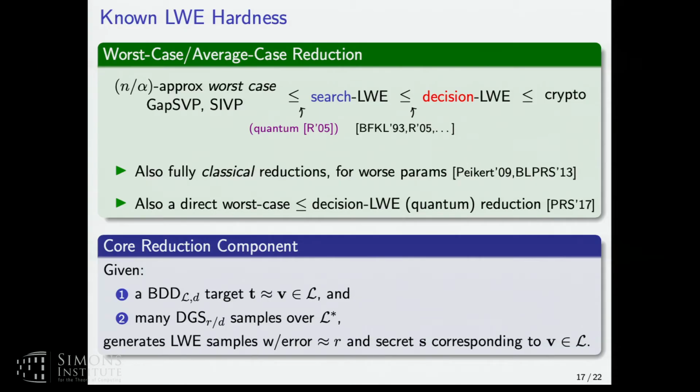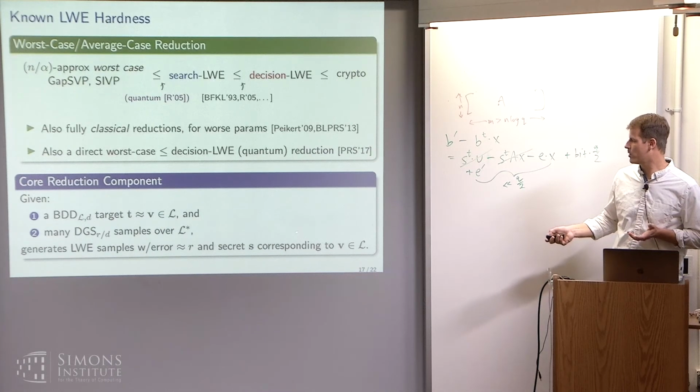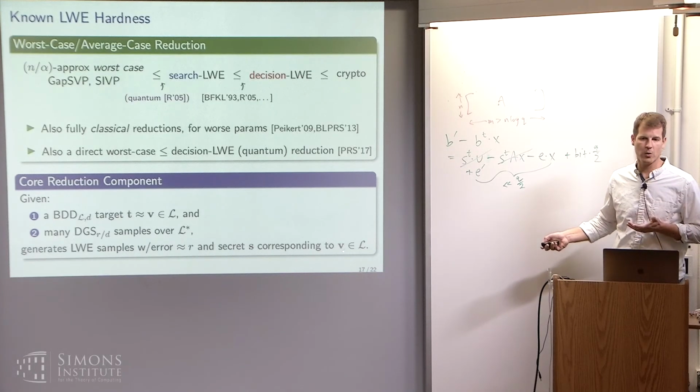Okay, so why is this interesting? The first thing is that if you had an LWE solver, an oracle which takes these LWE samples and tells you what S is, then that's basically telling you what V is. So it's solving BDD for you.